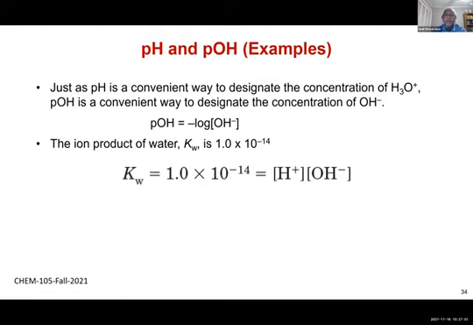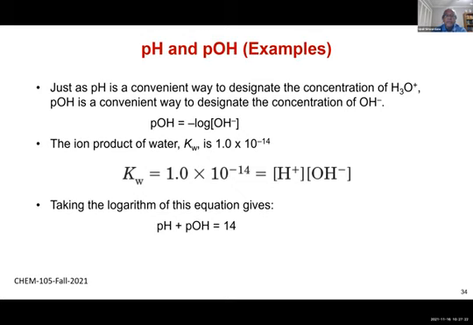Because Kw is 1 times 10 to the negative 14, the hydrogen ion concentration is 10 to the negative 7. The OH ion concentration should be 10 to the negative 7 as well. So take the logarithm of 10 to the negative 7, and pOH is 7 also.